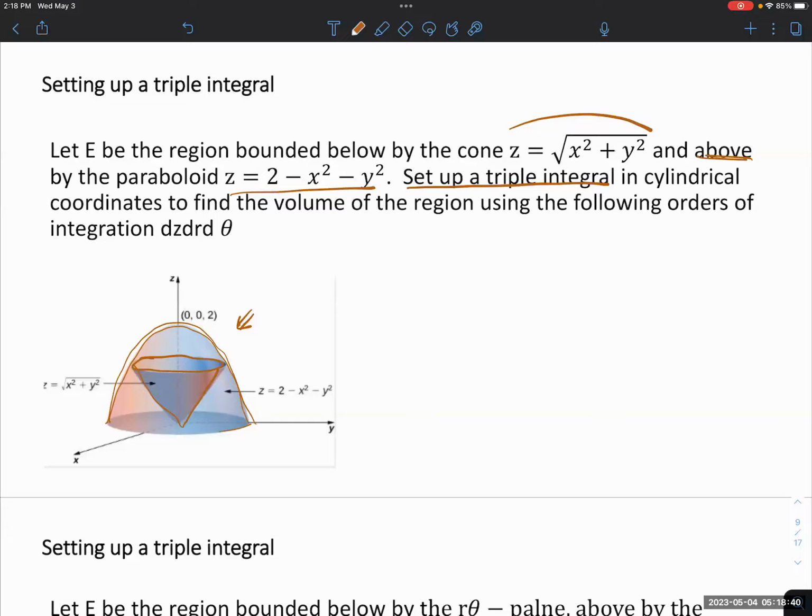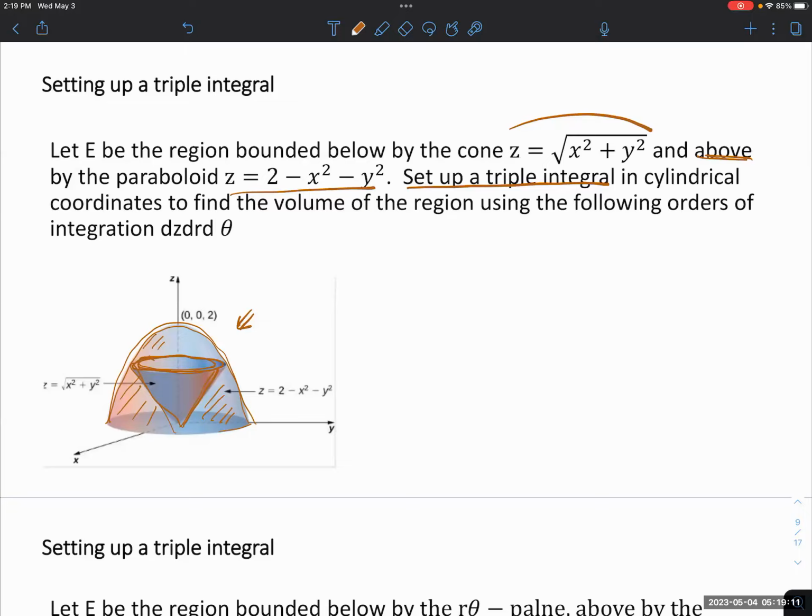It's hard to shade because this is a three-dimensional shape. But it's not really important where we shade it, because we just need to understand how to define the integral for x, y, r, theta, and z.